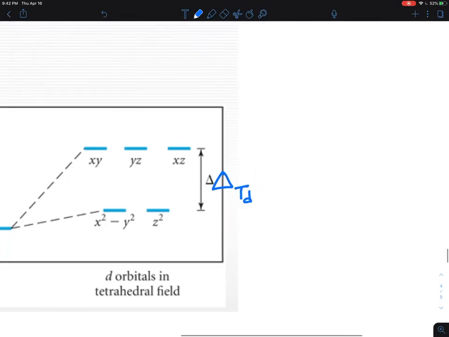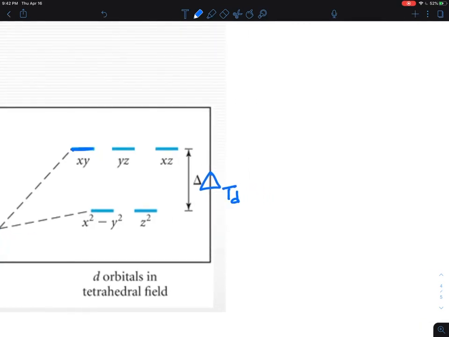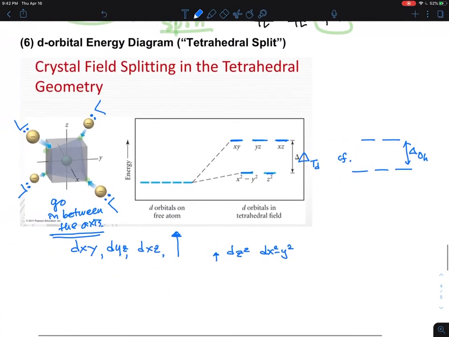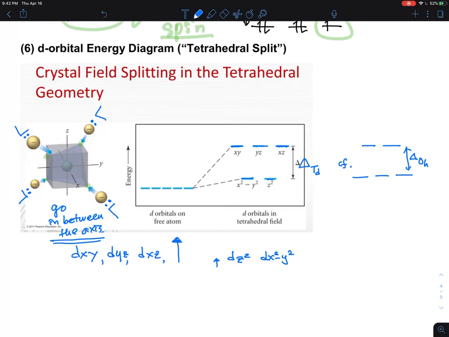So delta tetrahedral has 3 higher energies and 2 lower energies. Compare that with the delta octahedral, where we have 2 higher energy and 3 lower energy levels. It's almost like a flipped energy splitting situation compared to the octahedral too.